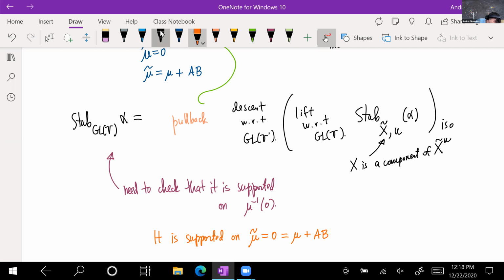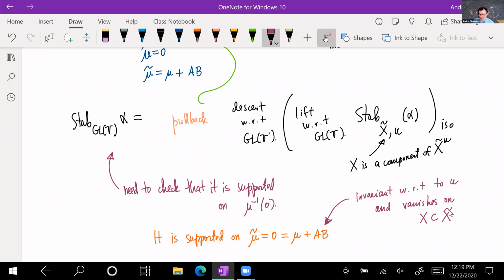On the other hand, AB is invariant with respect to U. It's some coordinate on our space which is invariant with respect to U, and vanishes on X inside X twiddle, because X is embedded by both A and B is 0.